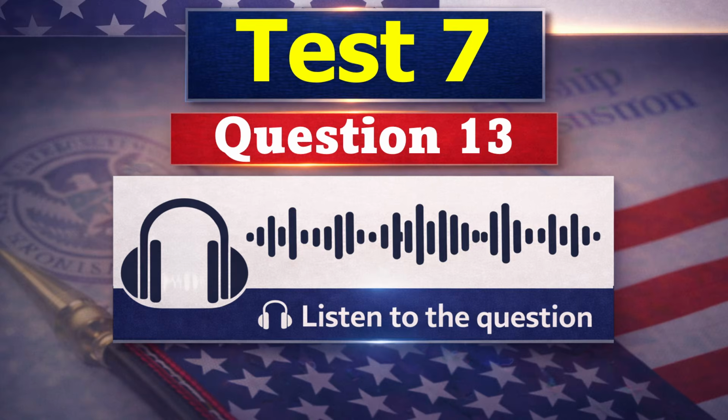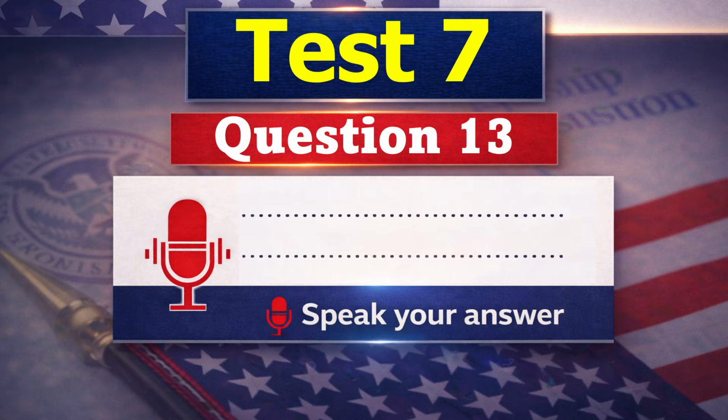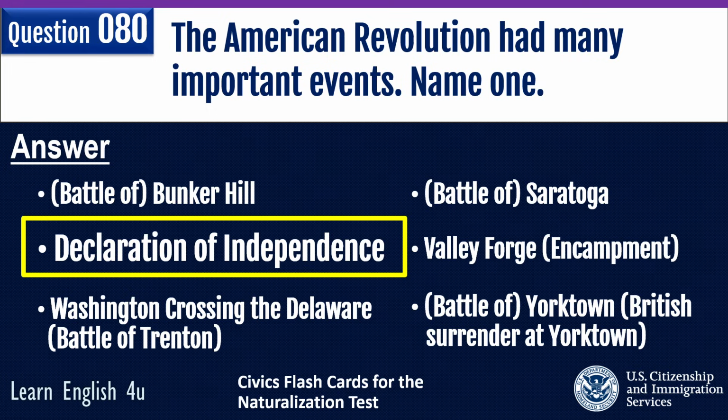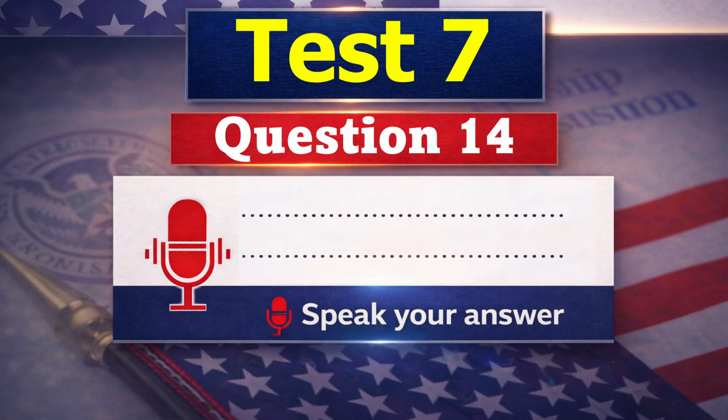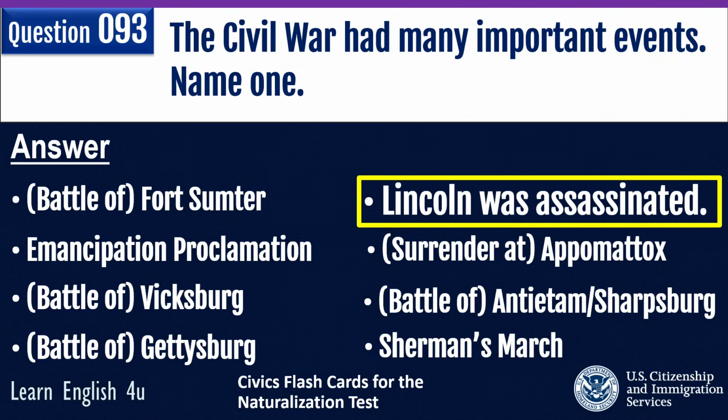The American Revolution had many important events. Name one. Declaration of Independence. The Civil War had many important events. Name one. Lincoln was assassinated.